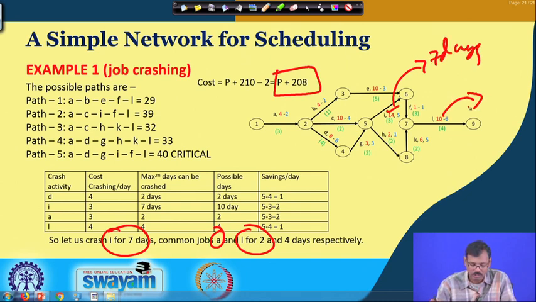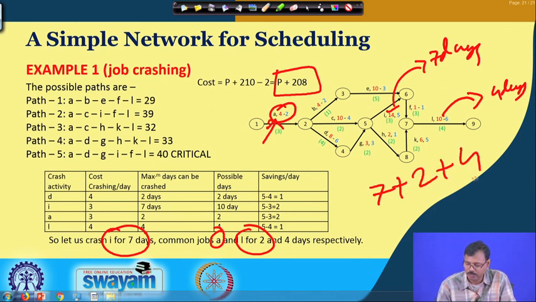This will also be reduced by 4 days, so that the 10 becomes 6, and it will be crushed for 2 days, so that it will become 2 days. So now we are crushing 7 days plus 2 days plus 4 days, that means we are crushing 13 days together.